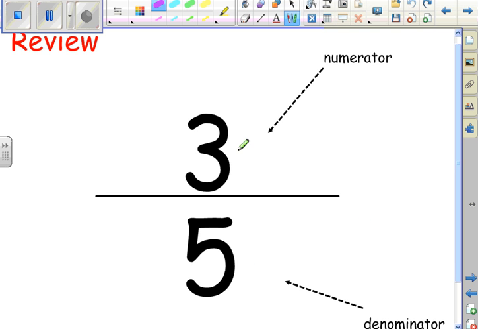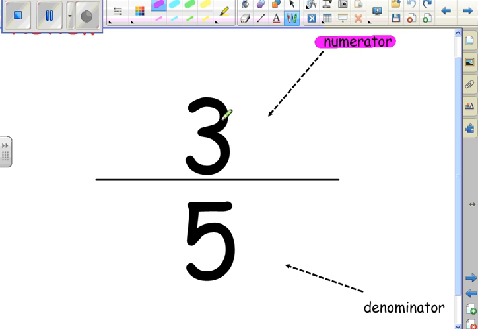The number that is at the top of the sign of the fraction is called numerator. It's called what? Yes, numerator. The number that is at the bottom of the sign of the fraction is called denominator. Yes, denominator. Okay?